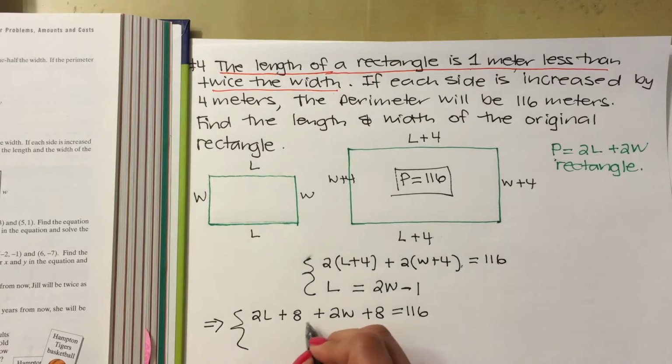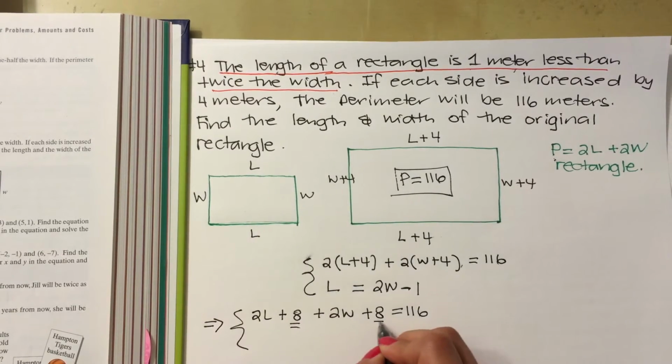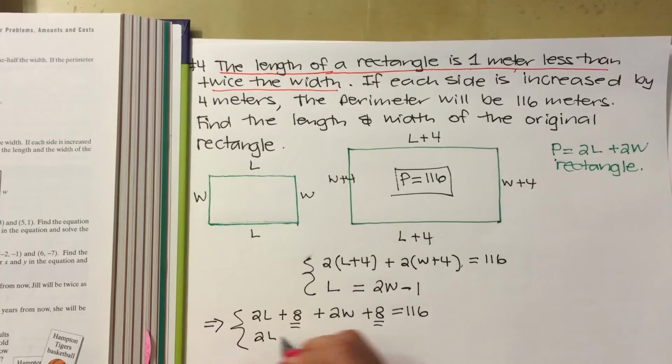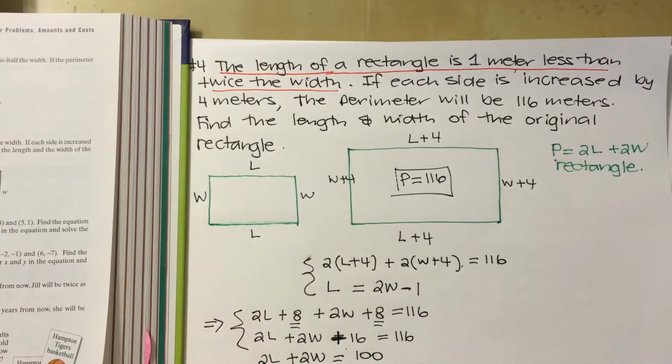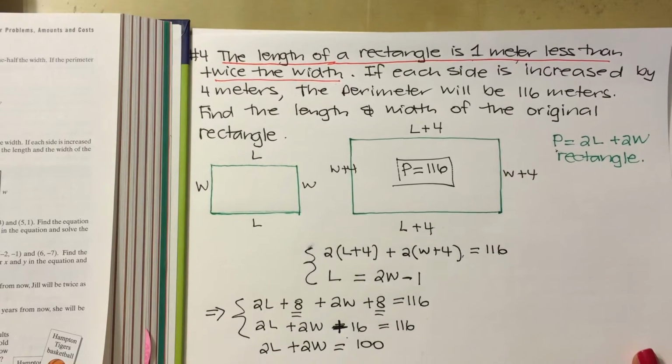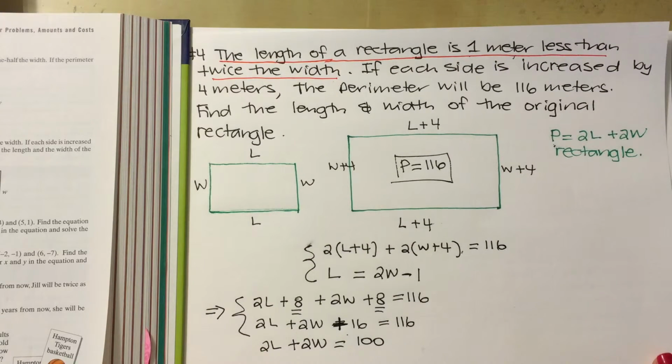And then we're going to combine our like terms. So 2L plus 2W plus 16 equal to 116. And subtract 16 from both sides. Okay, so I have 2L plus 2W is equal to 100.